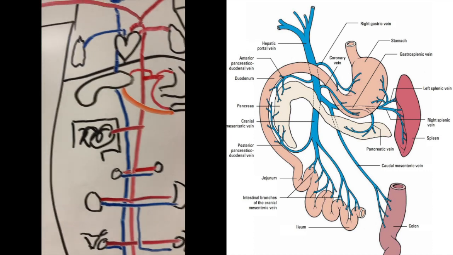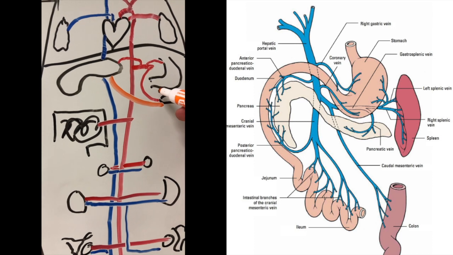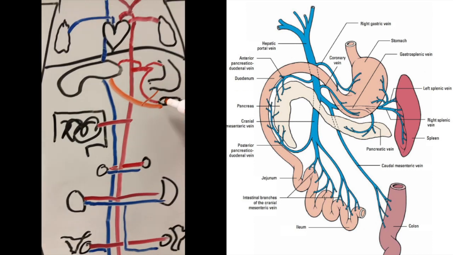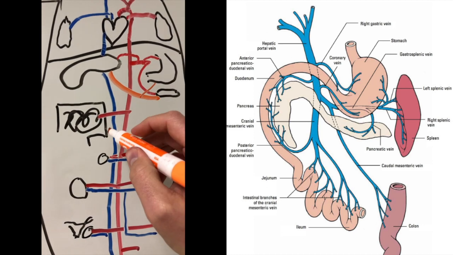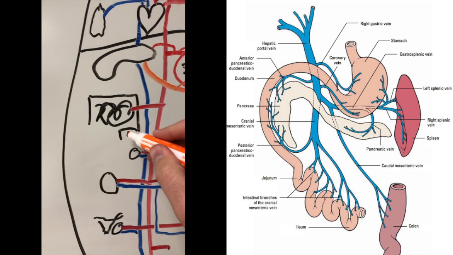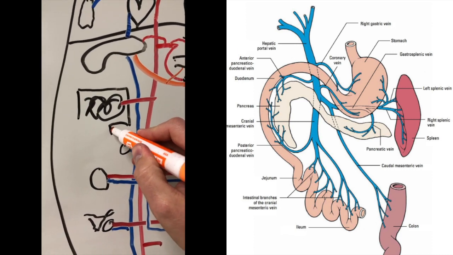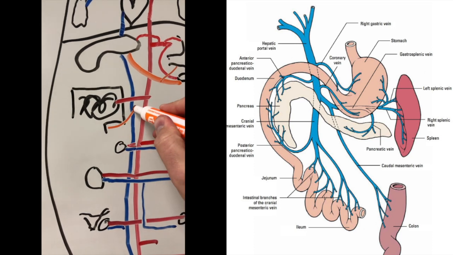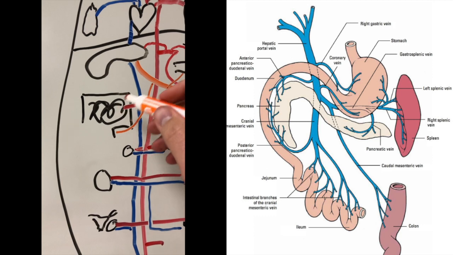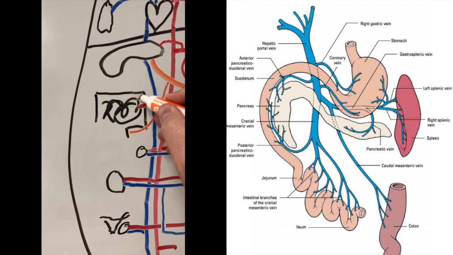And there's a bunch of things that come in as it goes. It starts off as the splenic vein, and then the gastric vein joins, and it becomes the gastrosplenic vein, and then it continues on, and then the colon and the inferior mesenteric vein join in, and the last thing to join in is from the jejunum, the small intestines, the superior mesenteric vein.